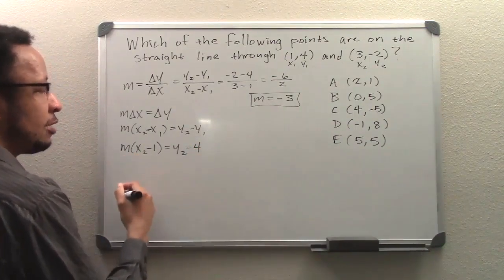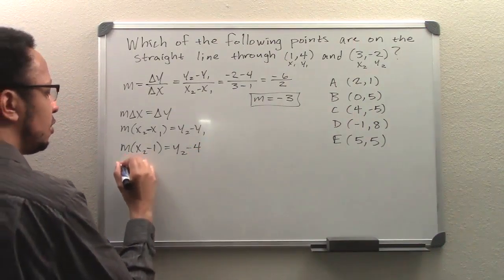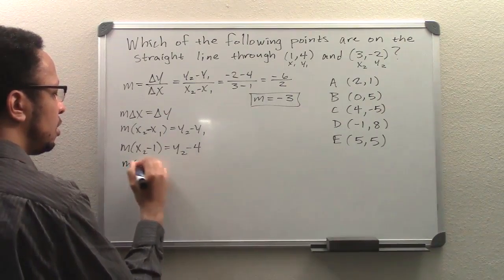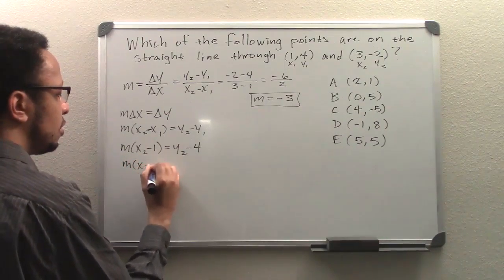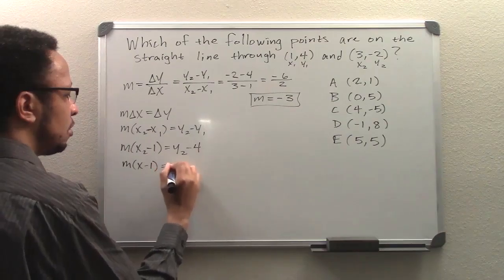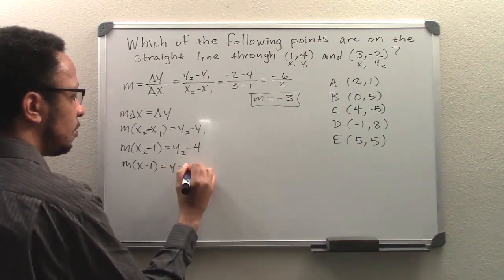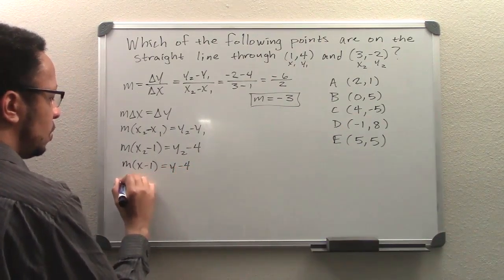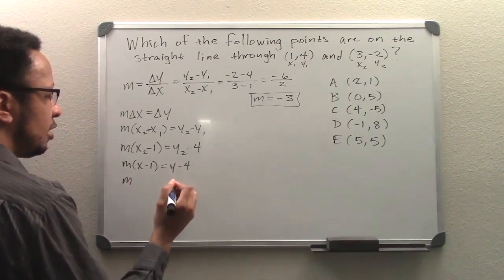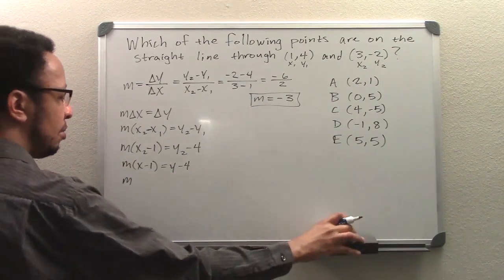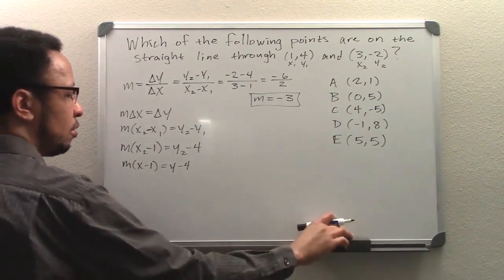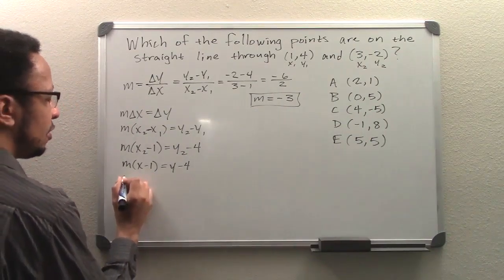And we can go ahead and generalize x and y because we're going to get our equation. And so we'll go ahead and distribute that, and we might as well just put in exactly what m is, which is negative 3.